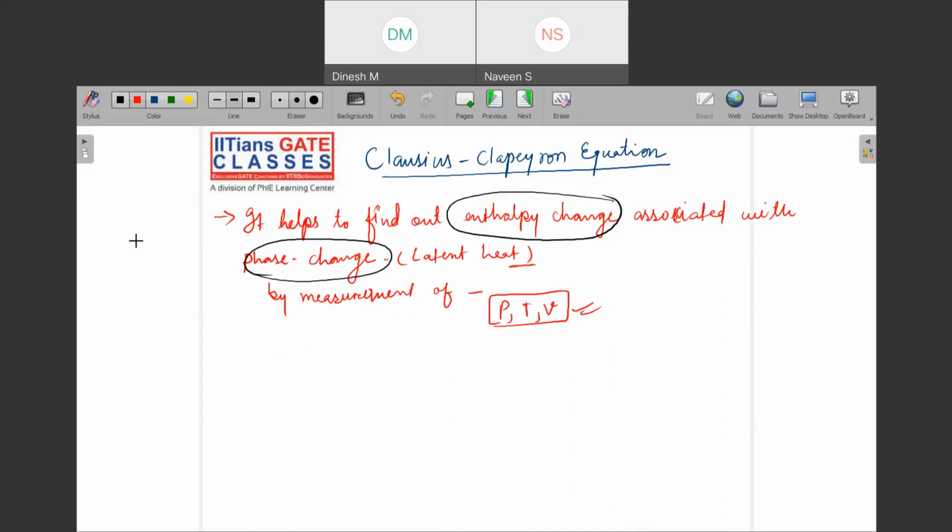So let us look at what this equation is. We know one of the Maxwell equations. What is that Maxwell equation? One equation was delta P upon delta T when volume is constant is equal to delta S upon delta V when temperature is constant.